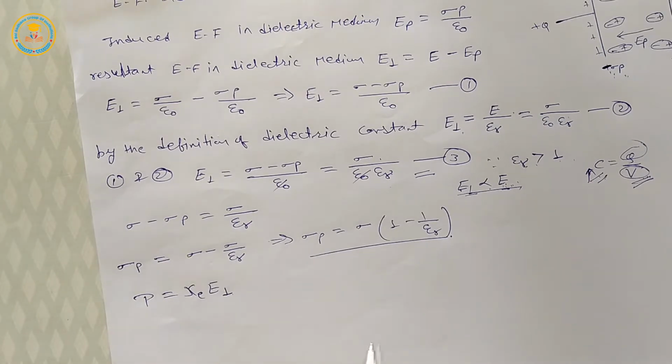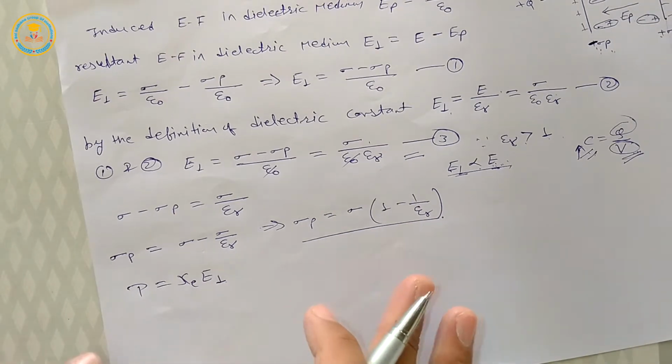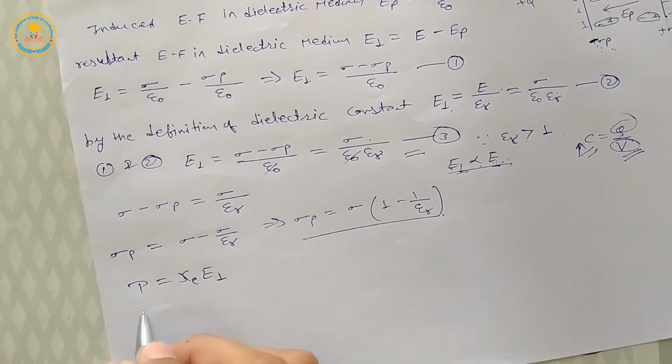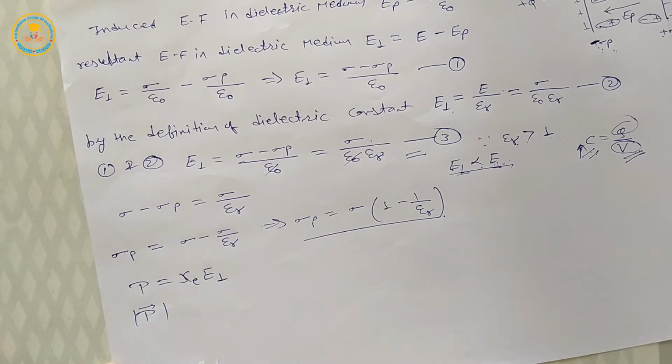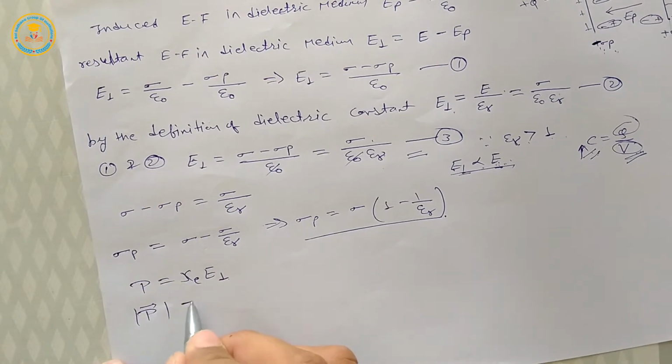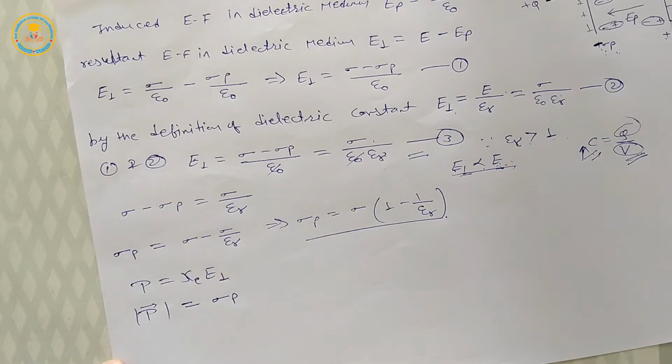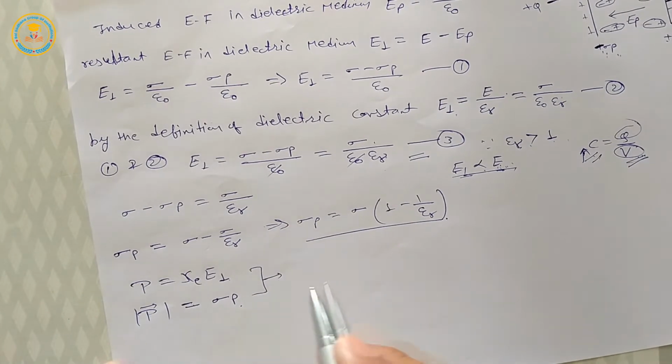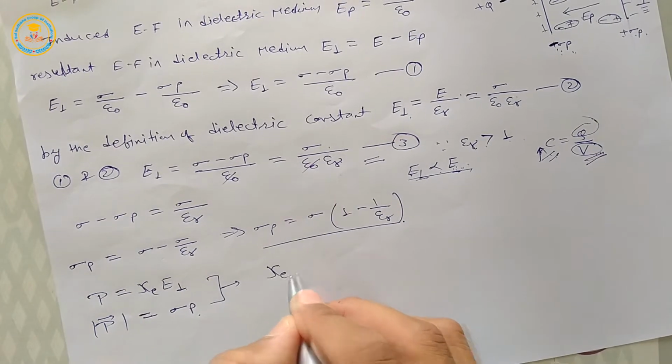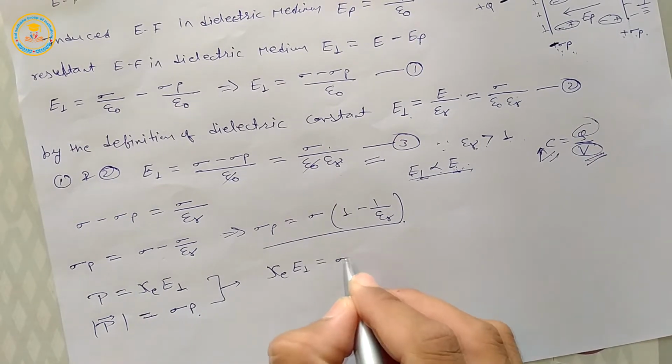Okay, and here we can say the magnitude of the polarization vector is equal to the induced surface charge density. It means sigma p.